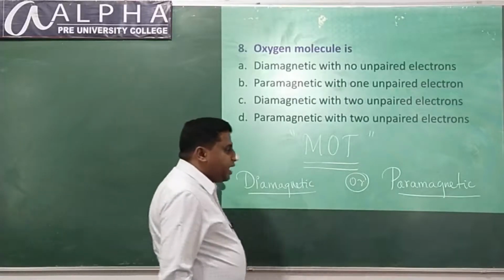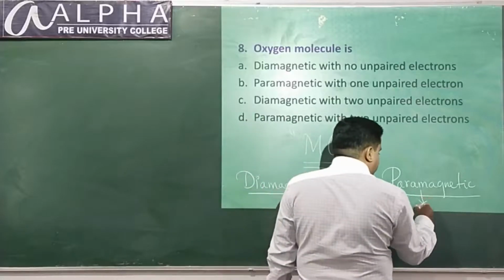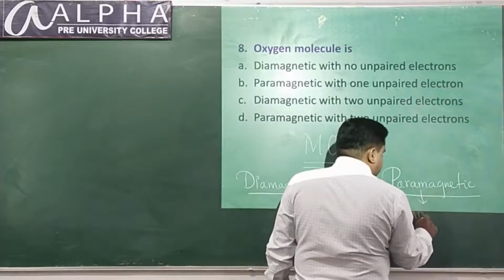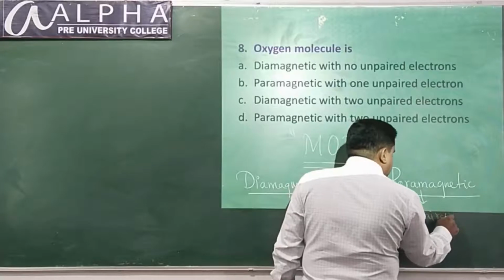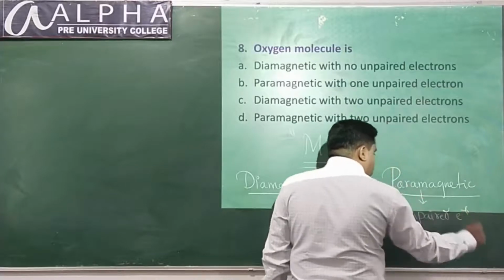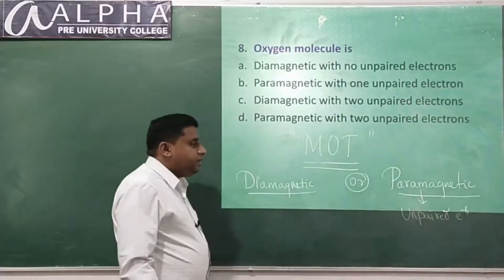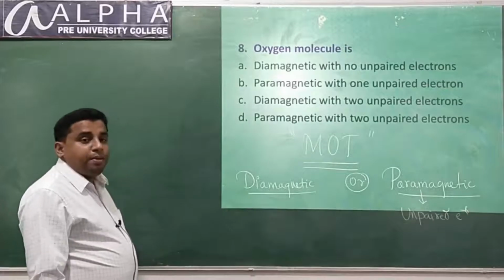If there are unpaired electrons in the given electronic configuration, then the molecule is going to be paramagnetic.